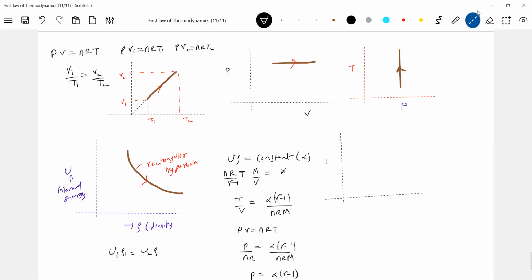Or internal energy versus pressure. Vertical line. Oh sorry, okay. Pressure versus internal energy, let me take it.